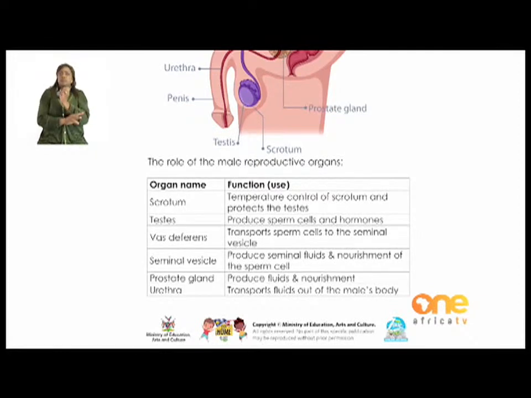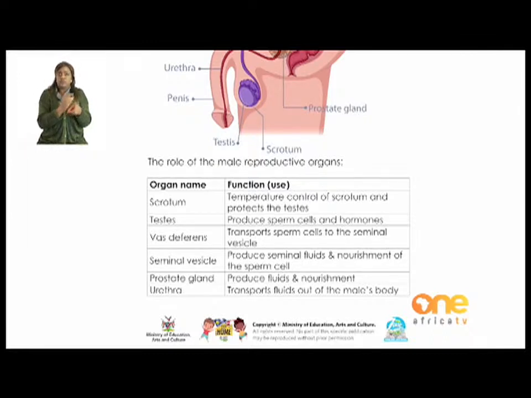Let us go down to page 20, and at the bottom we have the role of the male reproductive organs. This table shows on the left side the organ name, and on the right side the function or the use of these organs. To begin with, the scrotum.